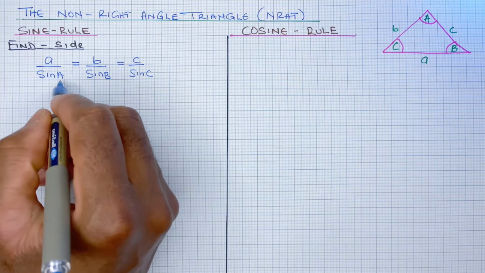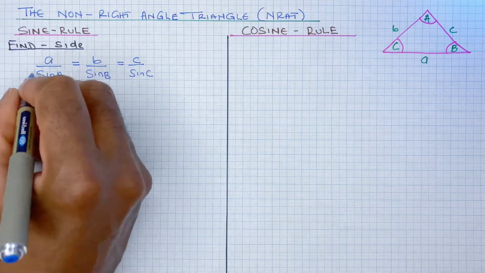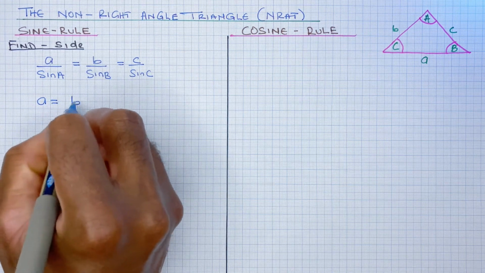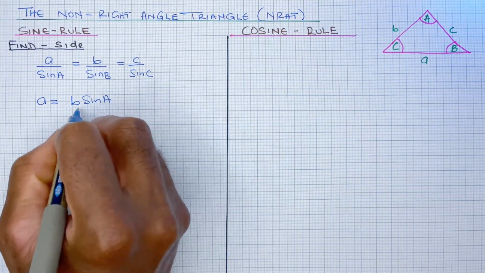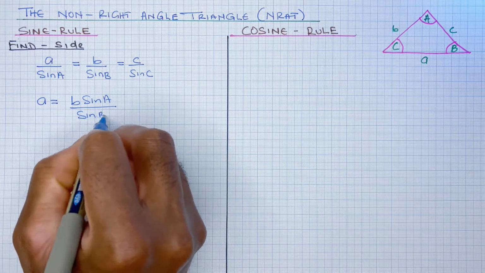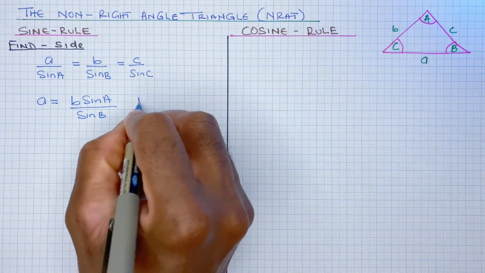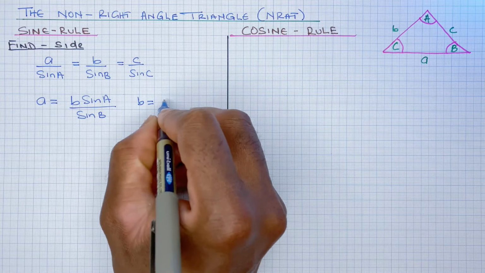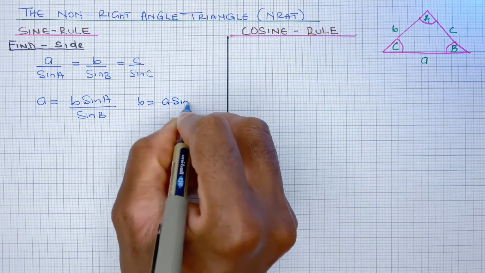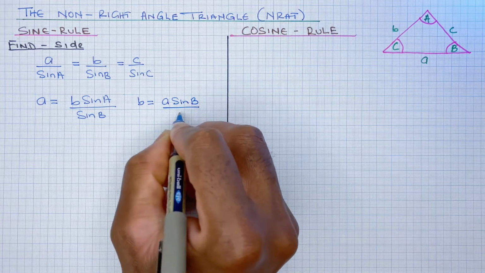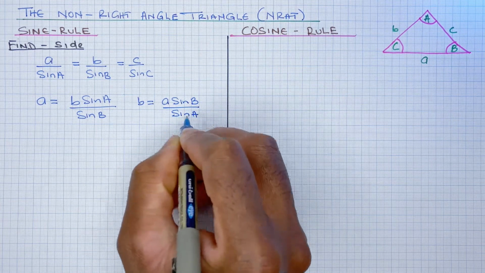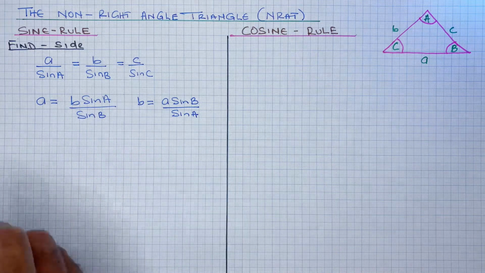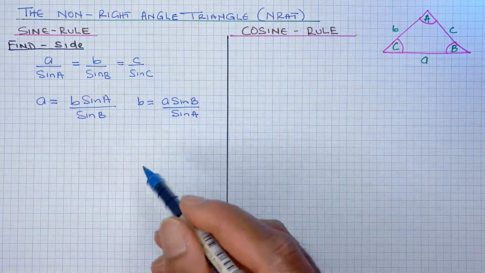So a over sine A equals b over sine B. Therefore, I can rearrange this and make a the subject, so that a will become b sine A over sine B. Or if I'm looking for b, the b stays and I move sine B to the other side, so that will be a sine B over sine A. Then you can just plug in the values and work them out. Remember, a, b, c are placeholders for numbers. It could be any numbers.